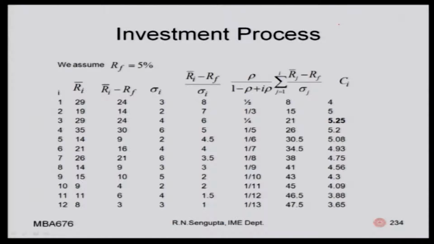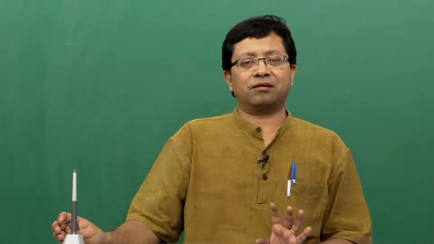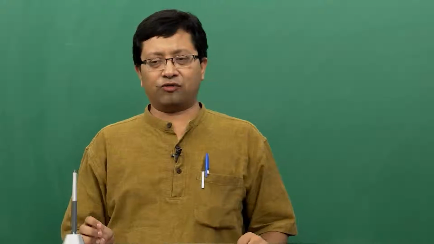Again I am taking a different example with 12 stocks. The first column is the stock number, the second one is the return, the third one is the excess return only, not divided by any standard deviation, the fourth is the standard deviation, and the fifth is the excess return to standard deviation. In this slide, what was broken down into two different slides in the other one is now compacted so I can give you the results.